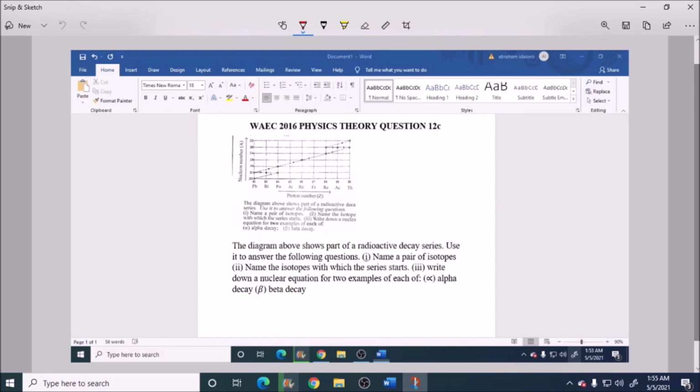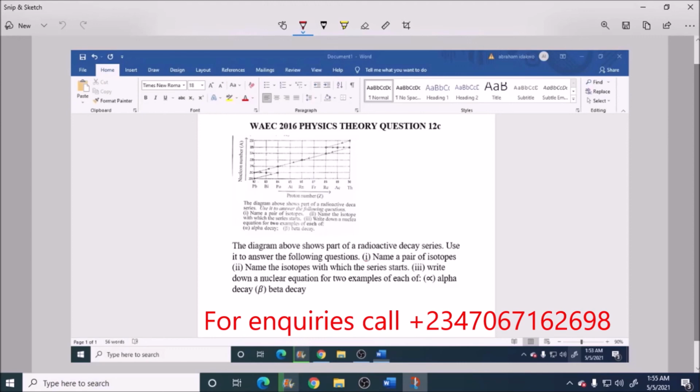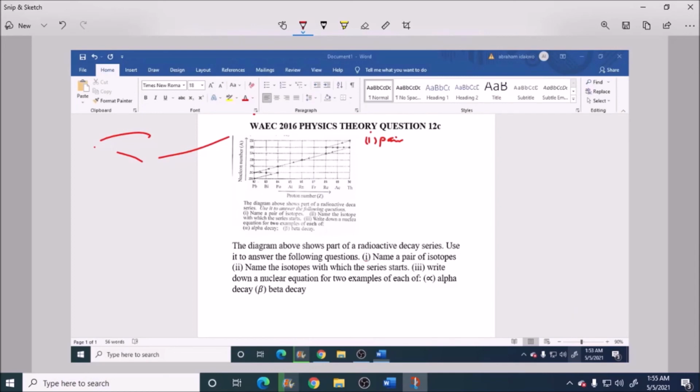So let's begin with here. That's I. We have pairs of isotopes in the figure.